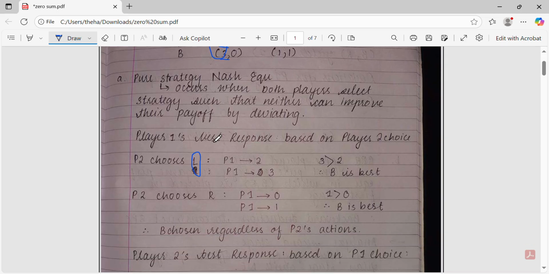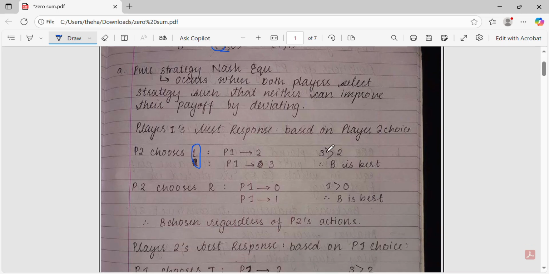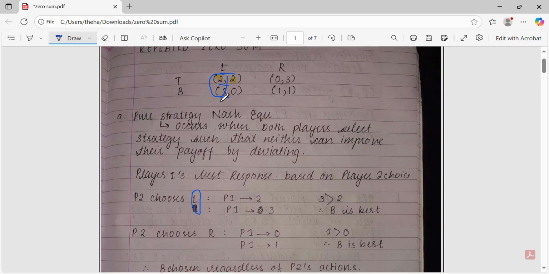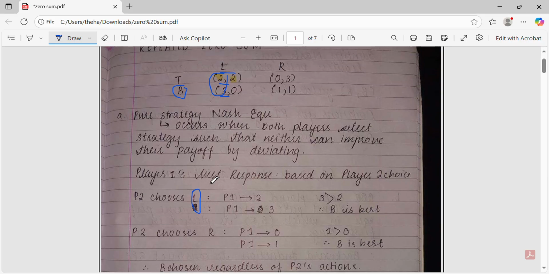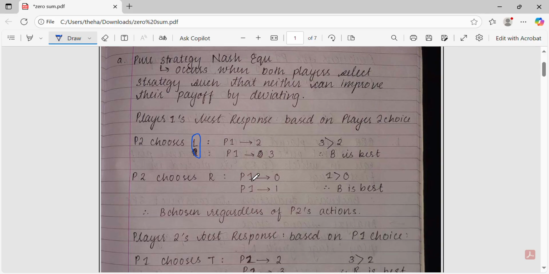Comparing, 3 is greater than 2. So where do we have 3? We have 3 in the bottom payoff. So in this scenario, B is the best option for player 1. Now player 2 has the other option, which is R. When player 2 chooses R, player 1 again has two options.